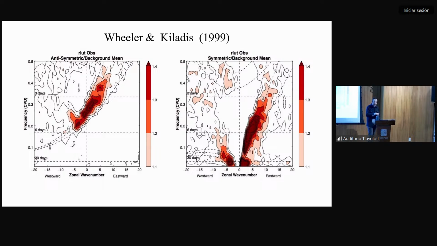They were real in the stratosphere first, but we found evidence that they are real in the troposphere, although they are much hidden in the intraseasonal variability, because all the phenomena like the Madden-Julian oscillation dominate that variability. But they are there.